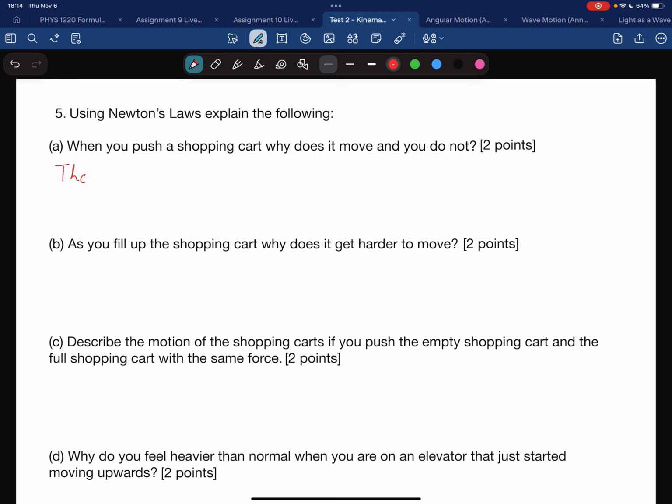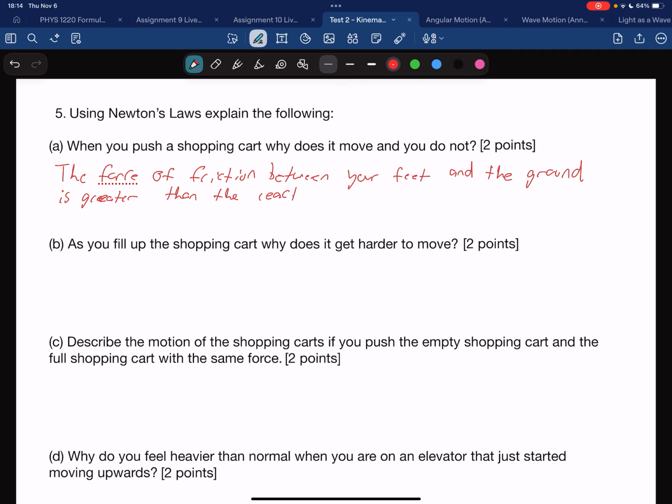The force of friction between your feet and the ground is greater than the reaction force the shopping cart exerts on you.